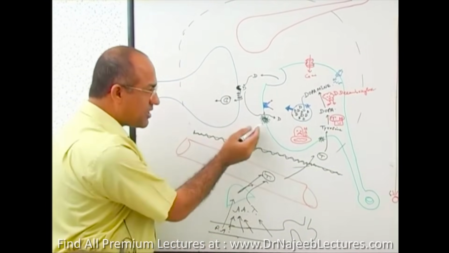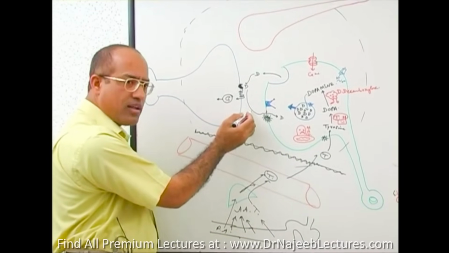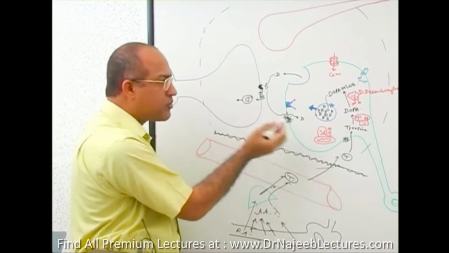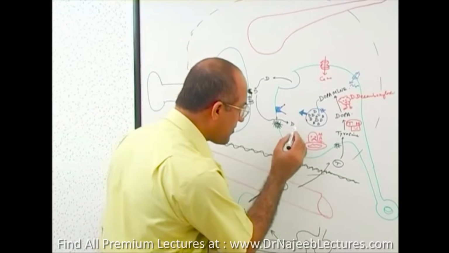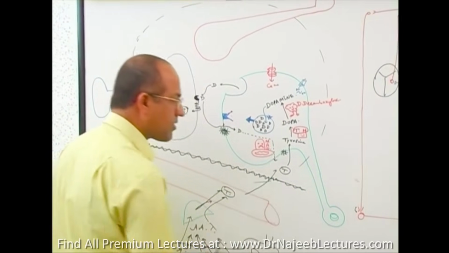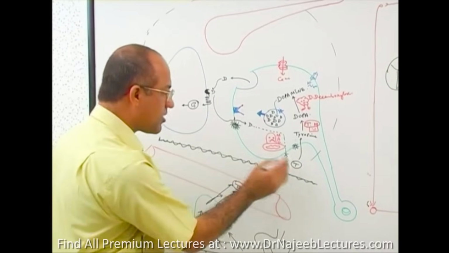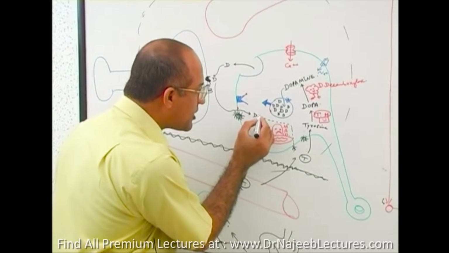Right? The duty of this uptake mechanism is that whatever extra monoamines, or dopamine, are present here should be recaptured. Some of this dopamine may be destroyed by monoamine oxidases and lost, right? But most of it is again restored.